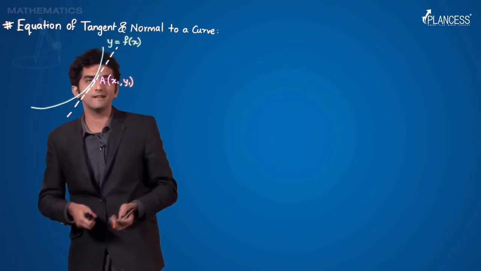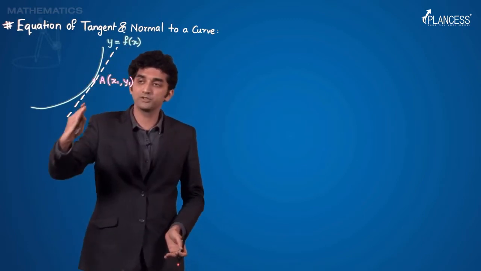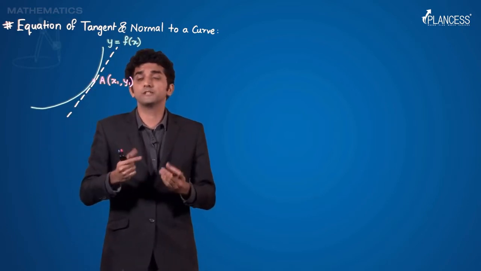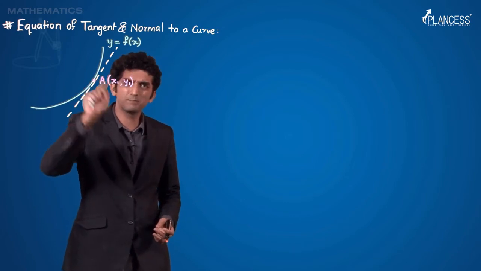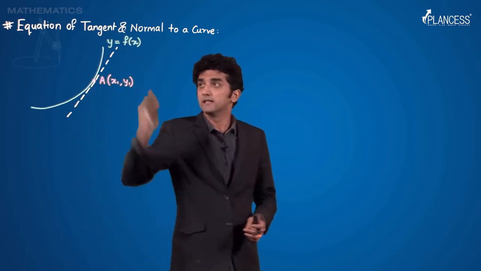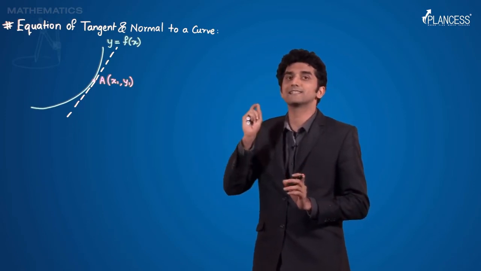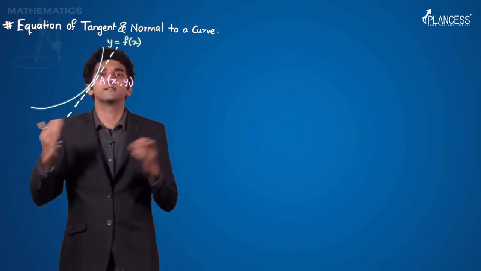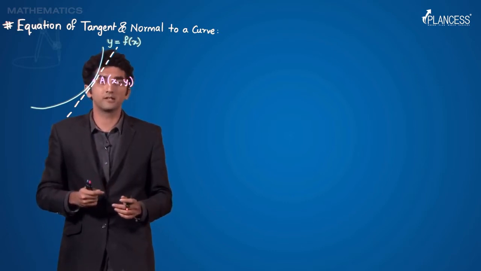And as you can clearly understand, this dotted line, which is orange in color, is touching, or so to say, is grazing this particular curve at this point A. So as you can see, this line does not intersect the curve. It just touches the curve and it touches at the point A. So this line is called the tangent, and we are going to find out the equation of this particular tangent.